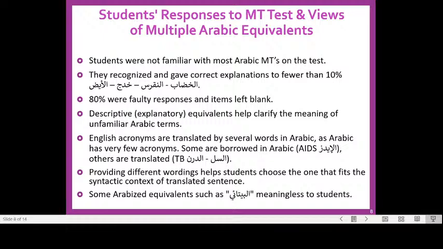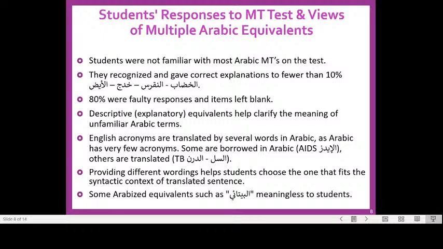As far as students' responses to the medical terminology test and their views of the multiple Arabic equivalents are concerned, I found out that students were not familiar with most Arabic medical terms on the test. They recognized and gave correct explanations to fewer than 10%.